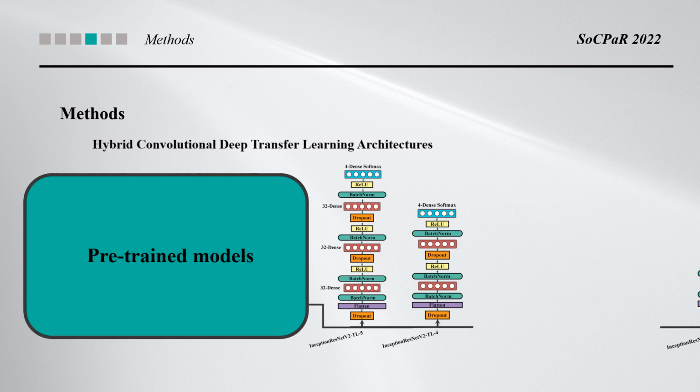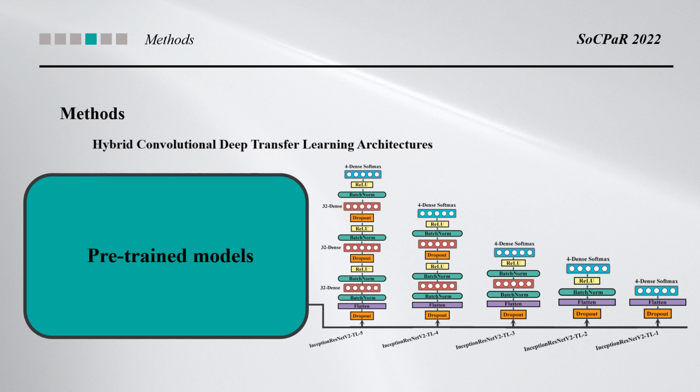As shown in this figure, from the simplest to the deepest architecture, we add dropout, batch normalization, and fully connected layers to our network. For example, in the first and simplest architecture, we have a pre-trained model followed by a dropout, flattening layer, and a 4-unit dense layer to classify normal cases and 3 lung cancer types.